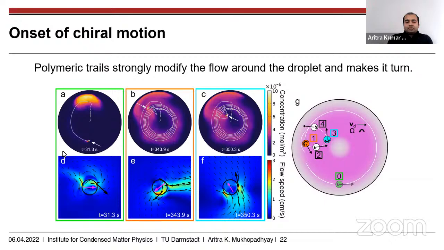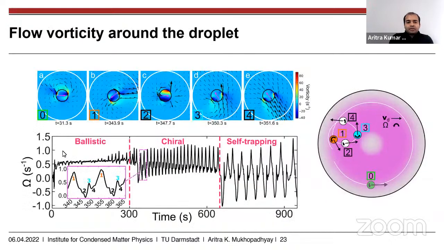So can we try to quantify what is causing this chiral motion? Because we said that the flow around the droplet is strongly modified, giving rise to this vortical structure. So what we do is we focus on the region around the droplet. This is denoted by this white circle around the droplet at each time step.